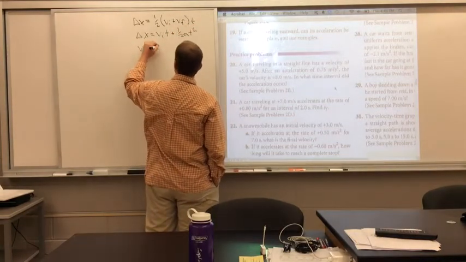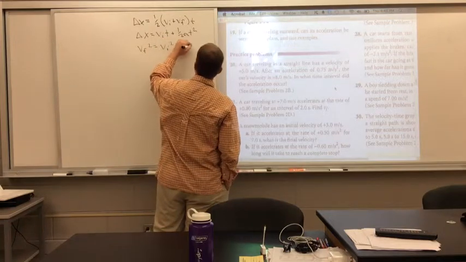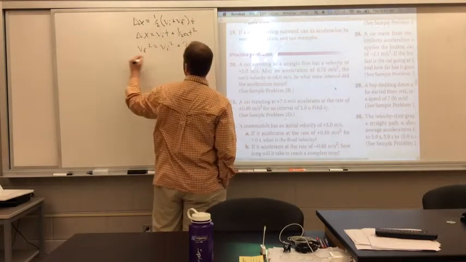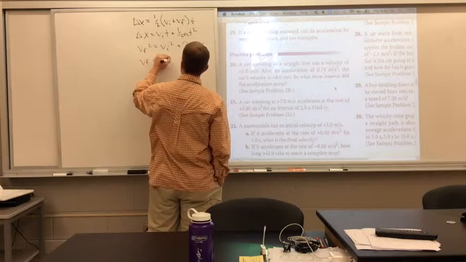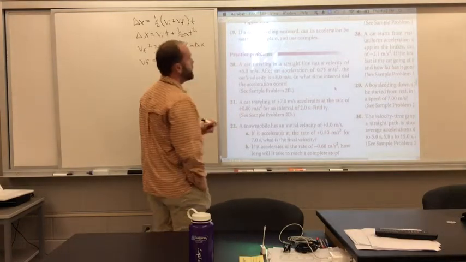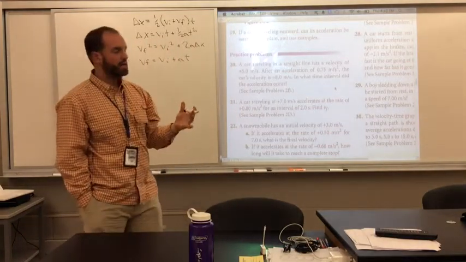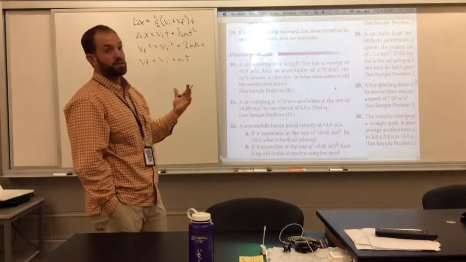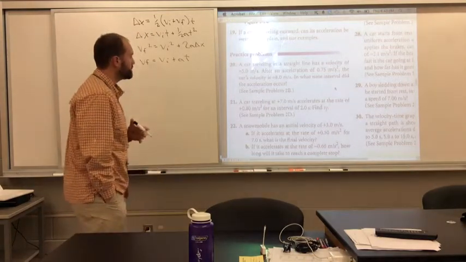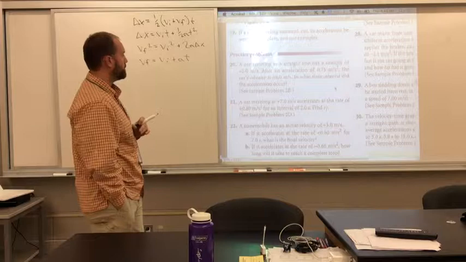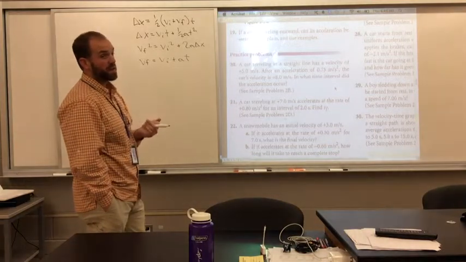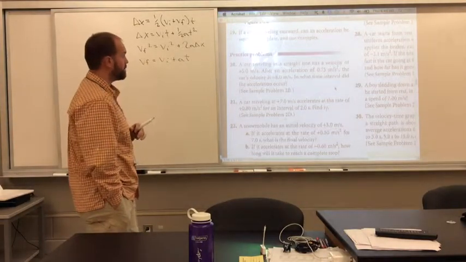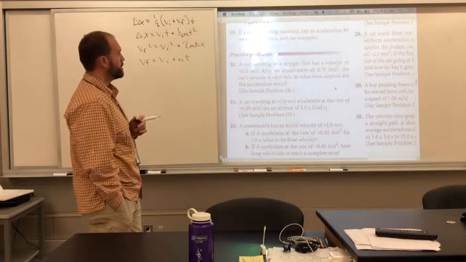You've got final velocity squared equals initial velocity squared plus 2a delta x. Final equals initial plus acceleration times time. I don't expect you to have those memorized. I will give them to you on tests or quizzes anytime you need them. That being said, I wouldn't be surprised if by the end of this course you had some of them memorized just from using them so much.